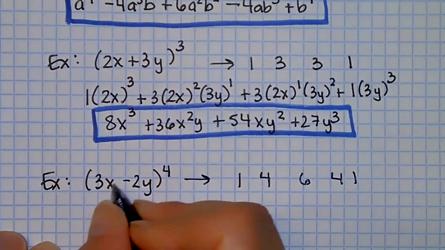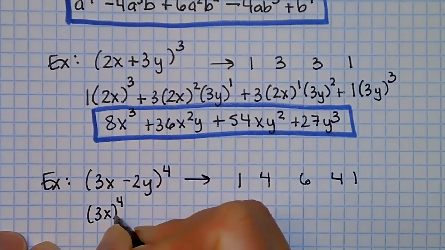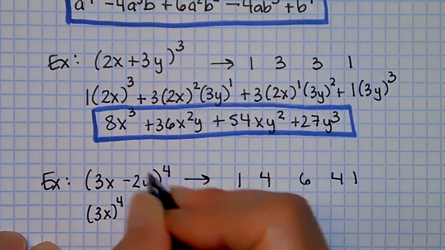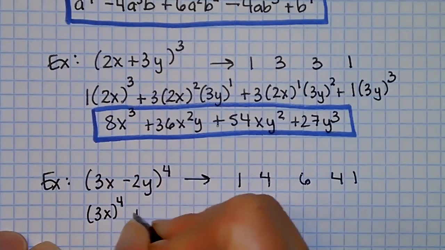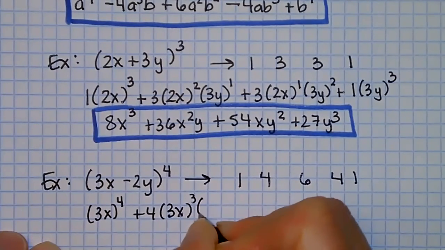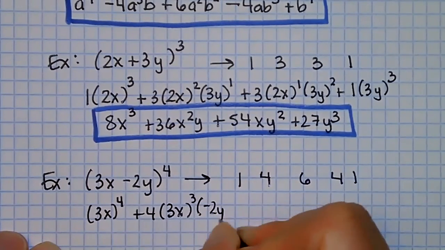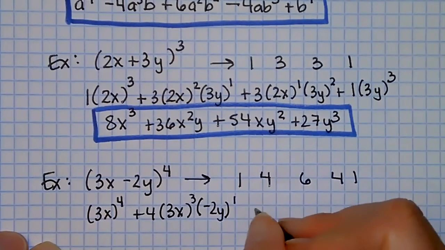So again, I'm going to take my 3x. It's going to be raised to the 4th. And then I'm going to be raising a negative 2y to powers also. Plus 4 times 3x to the 3rd, and my negative 2y is going to be to a 1 because these need to add up to 4.